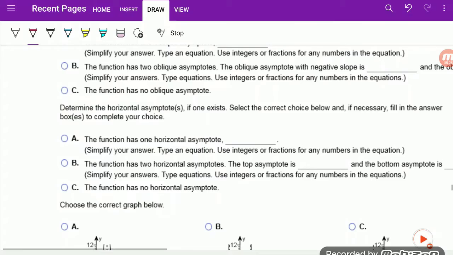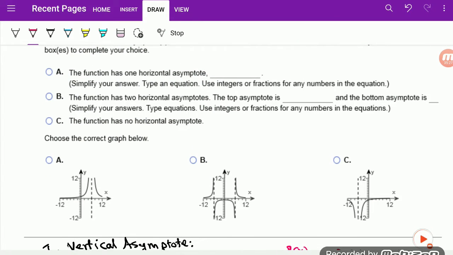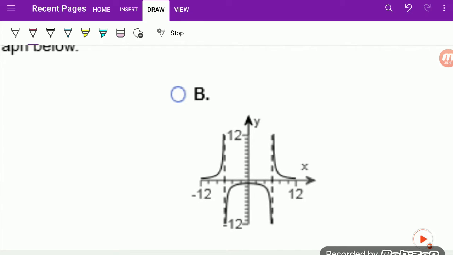So let's look at the graphs now. Which one of these contains two vertical asymptotes? It's clear that B does. B has two vertical asymptotes: this line is x equals 6, and this line is x equals negative 6.